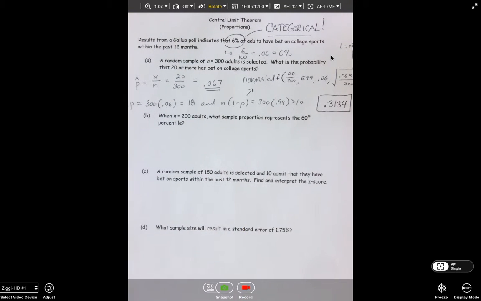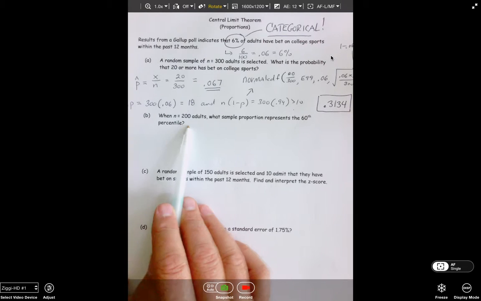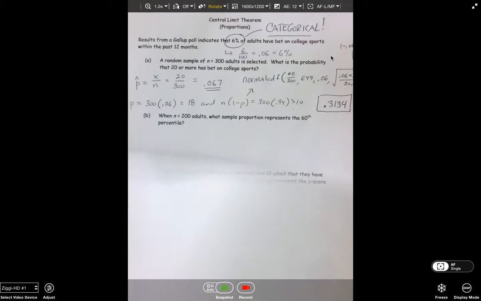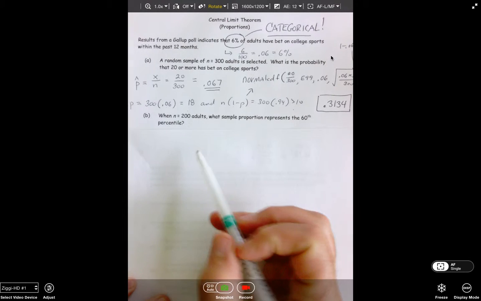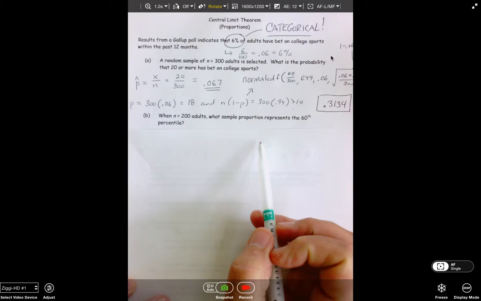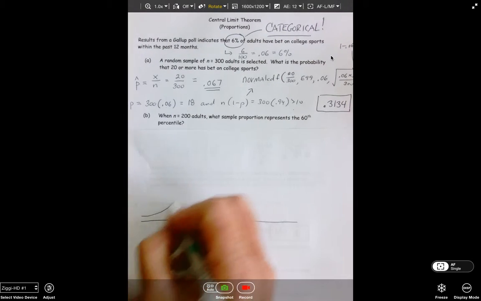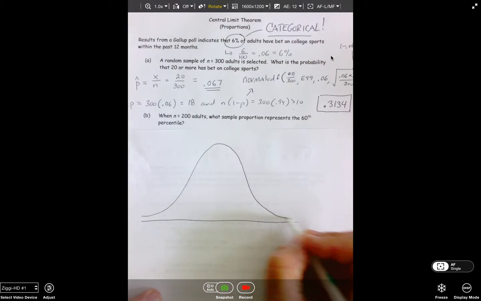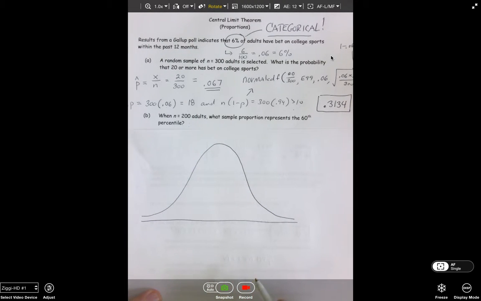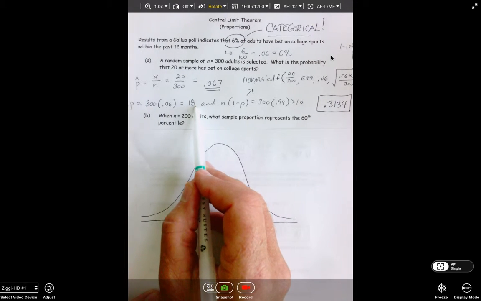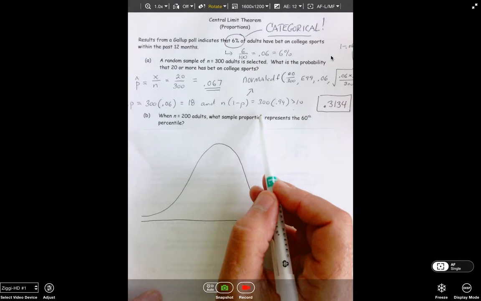Okay, when n equals 200, that's a hard problem here, but we can do it. So, when n equals 200 adults, what sample proportion represents the 60th percentile? Well, guys, we know from the central limit theorem, because n times p and n times 1 minus p, now when it's 200 times 0.06 would be 12, bigger than 10, and this one's clearly going to be bigger than 10.